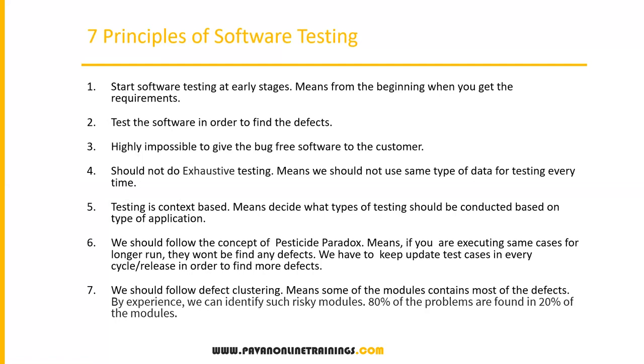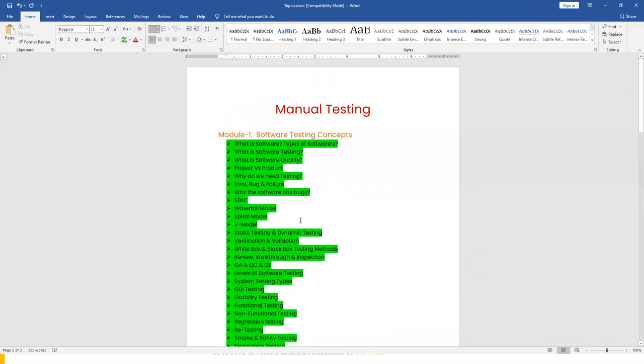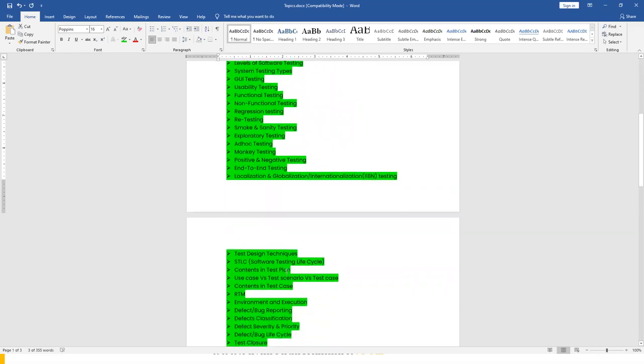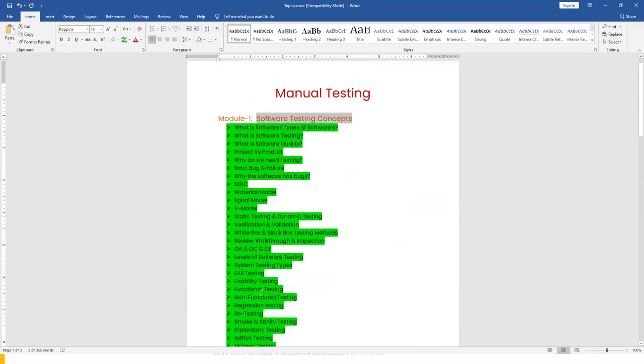So with this, we have completed module 1. So far we have seen software testing concepts, and the STLC process also we have discussed. Please prepare all these topics, which are very, very important. With this, we have completed the theoretical part.